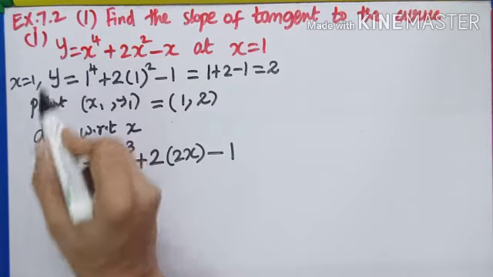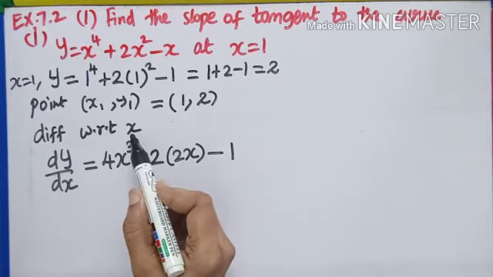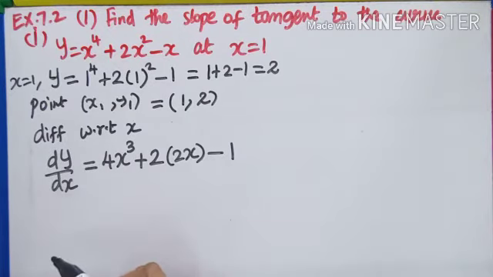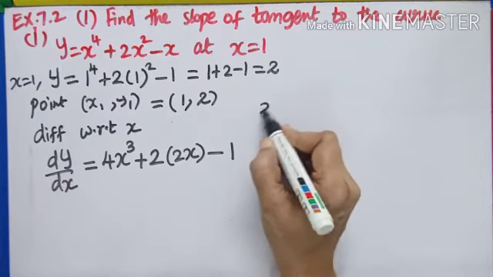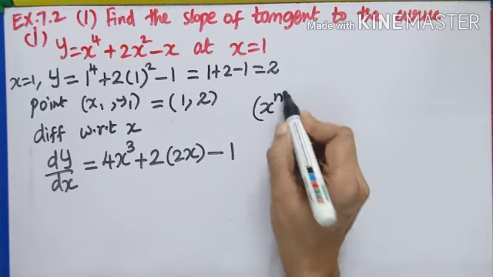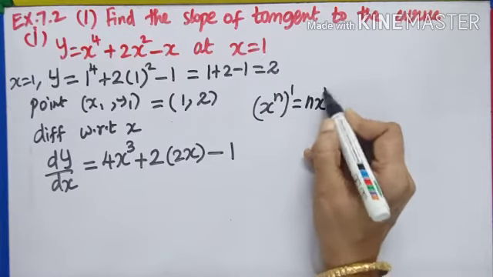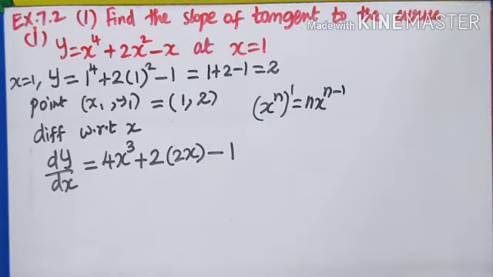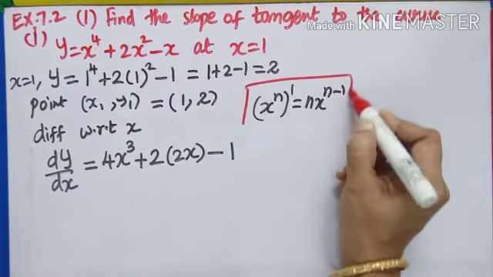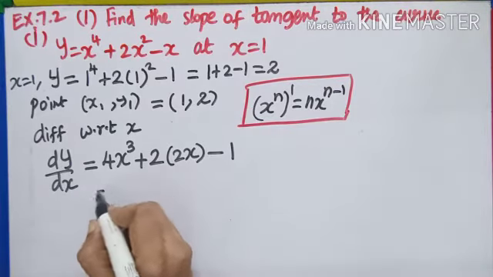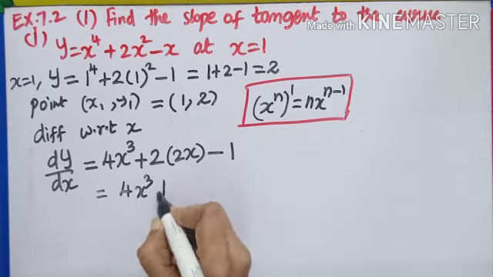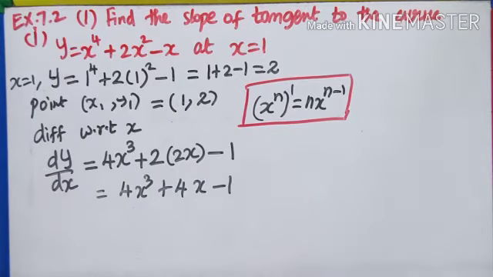Remember this, x power n derivative is n x power n minus 1. Applying the formula, x power 4 will become 4x cube, x square will become 2x and x will become 1. This reduces to 4x cube plus 4x minus 1.